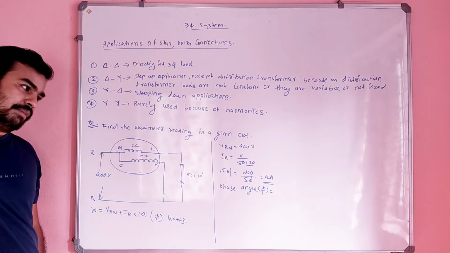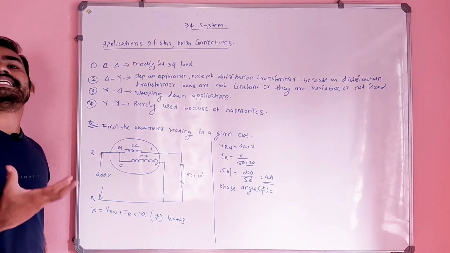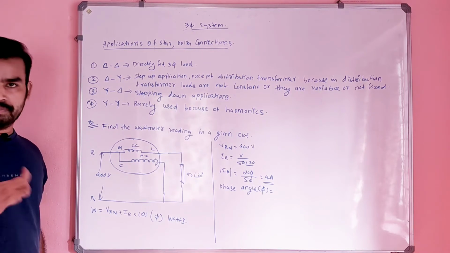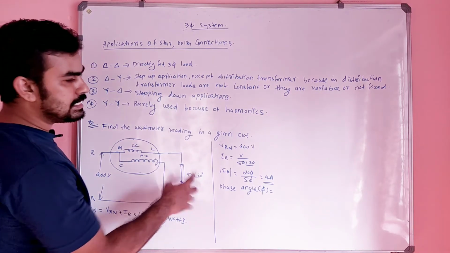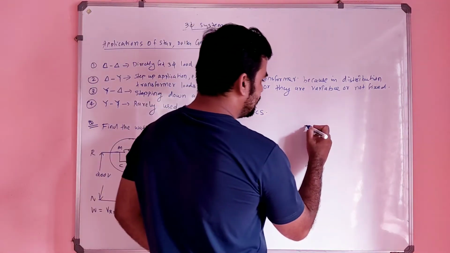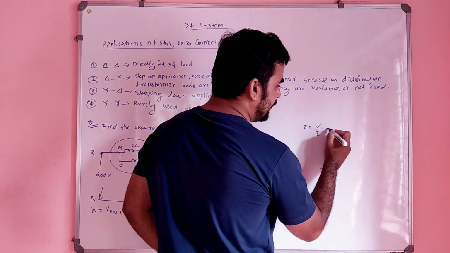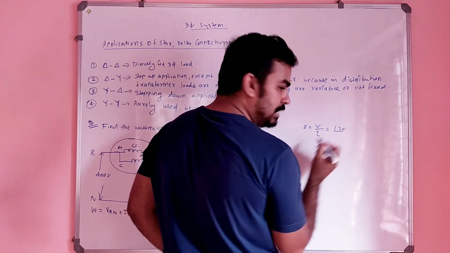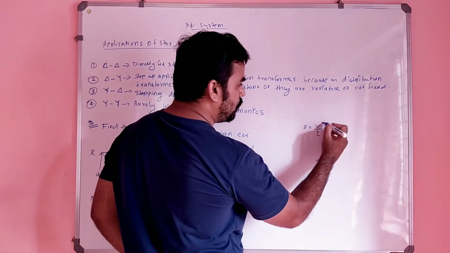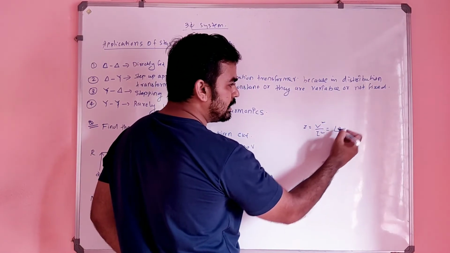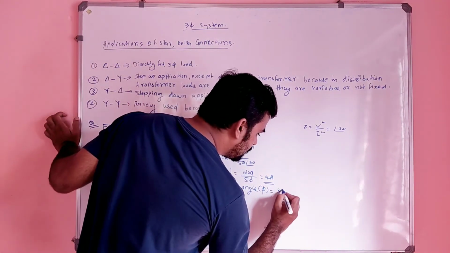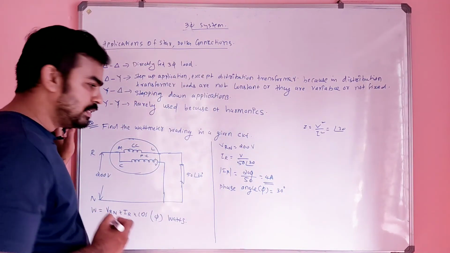Z is equal to V by I, so Z angle given as 30 means the angle between voltage and current is 30 degrees. So the phase angle is 30 degrees. Is it clear?